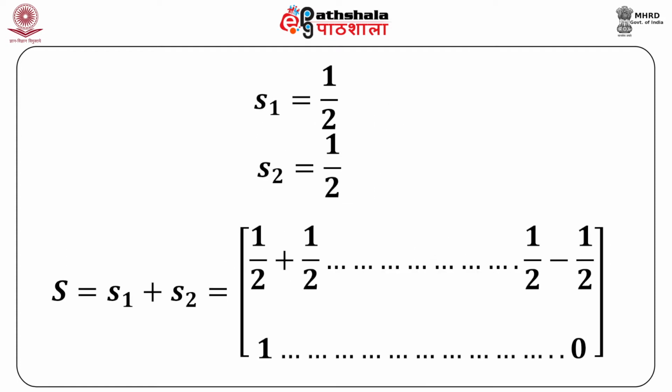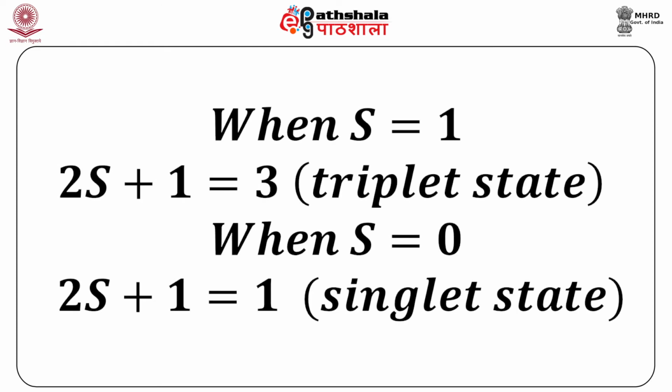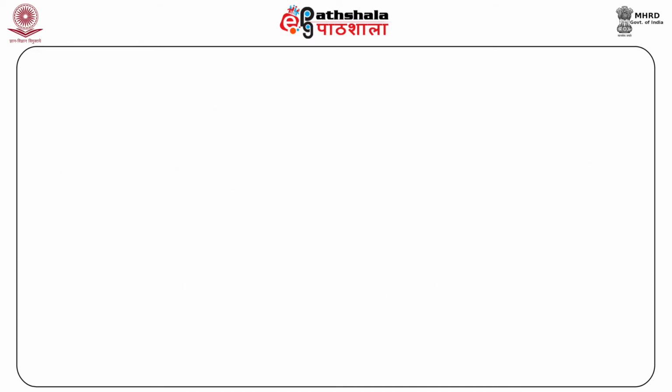But s1 is equal to half and s2 is also equal to half, and that is why the capital S values can be half plus half up till half minus half. That means there are only two values, 1 and 0, and when it is 1, 2S plus 1 is equal to 3, and we know that this is called a triplet state.